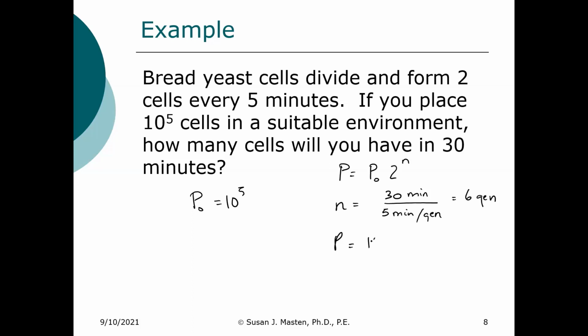So P is equal to 10 to the 5 times 2 to the 6th, which is 6.4 times 10 to the 6th cells.